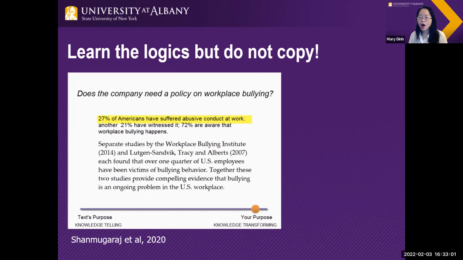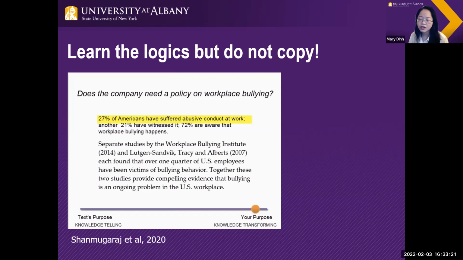It's more like, what do you think your purpose is, like knowledge transforming? It means, okay, where do we go from there? What does this part tell me, and how does it link to my thesis statement? So that is better.